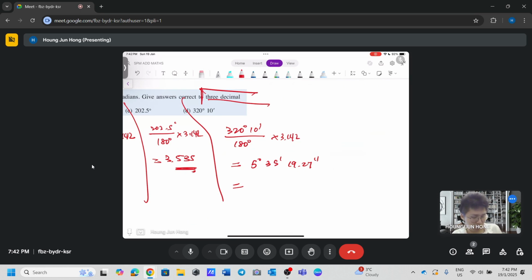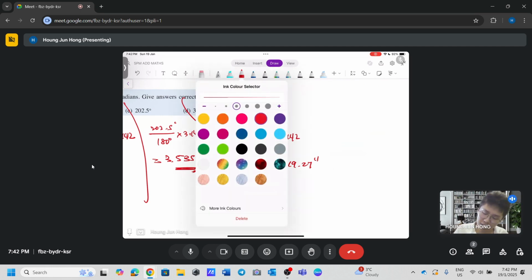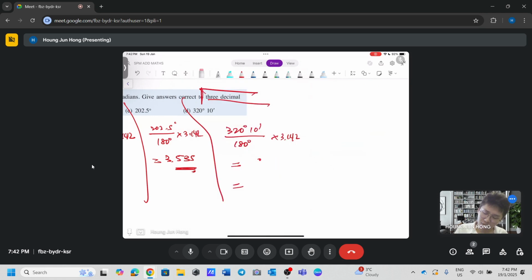Still cannot. Okay, calculator bug. Then let's just convert the 320 first. Then you can convert. Make sure it is in decimal point.